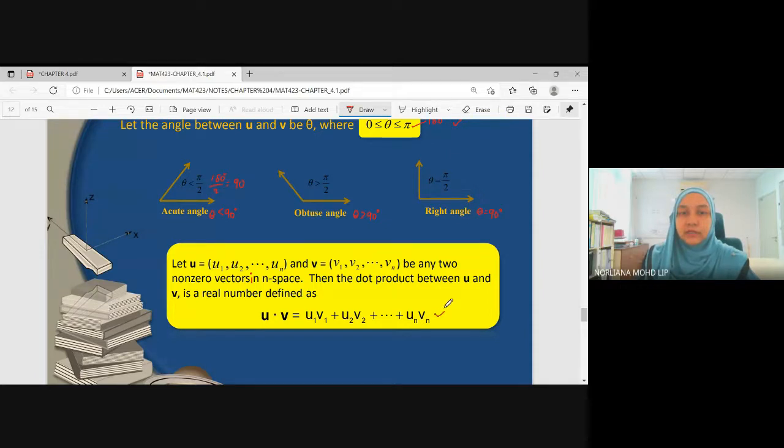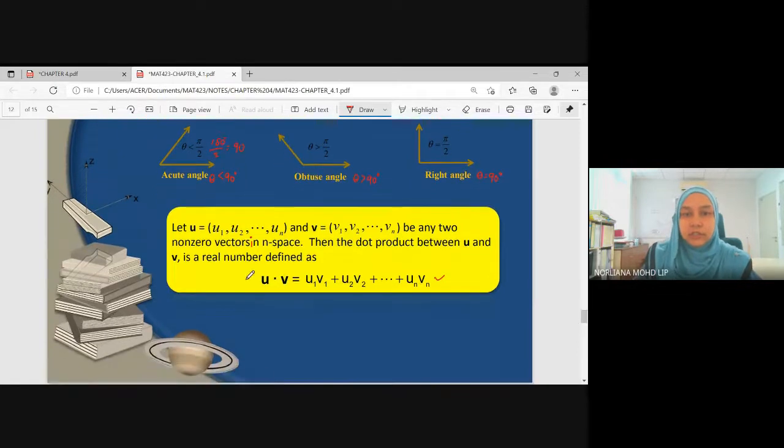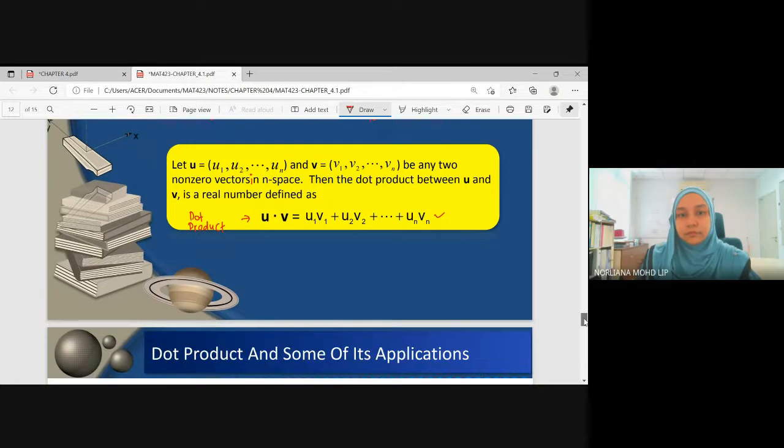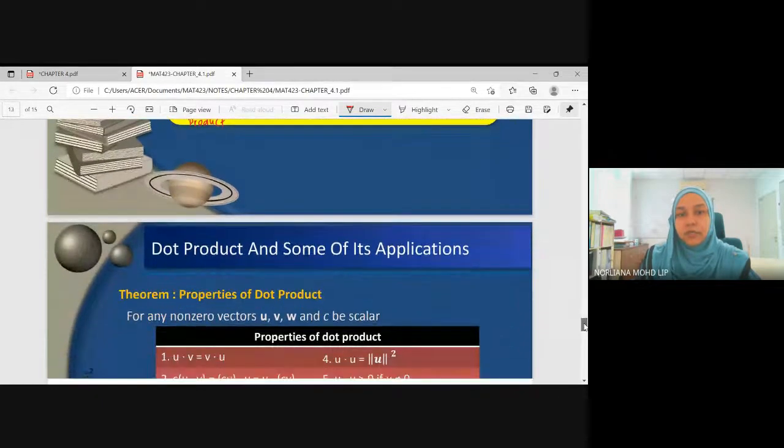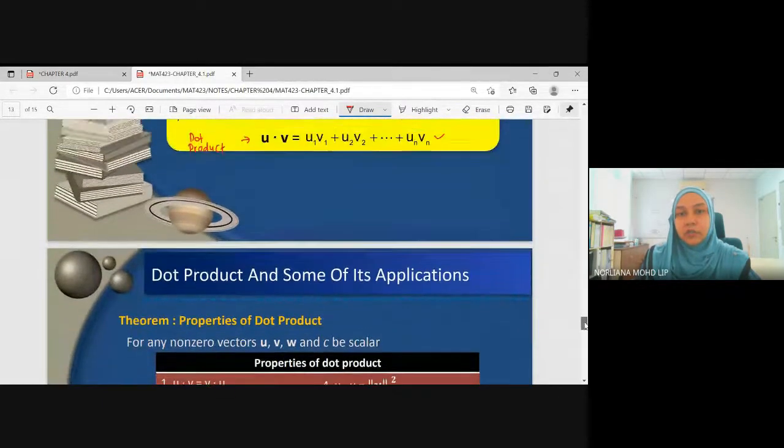It is a real number. This is the dot product. So you have to know the formula for the dot product. So what is the application for the dot product?